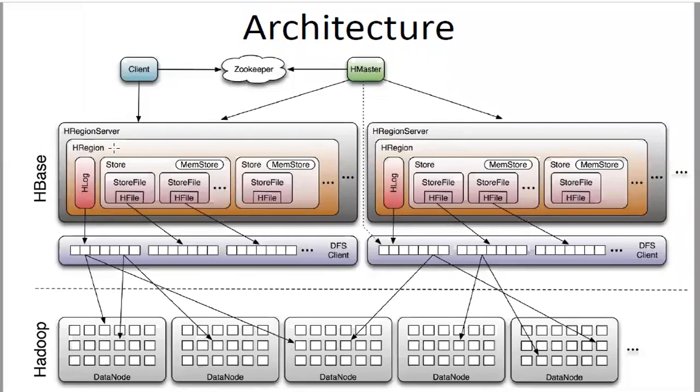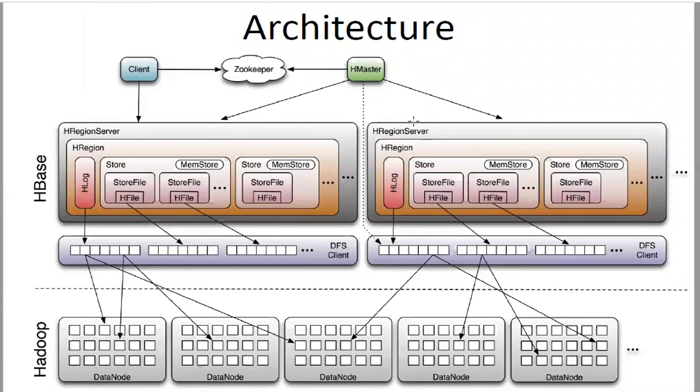You can divide HBase into H region servers and H regions, based on the region. A region is a kind of location, or you can refer to the region as your location, right? So in a particular location, HBase will be monitored by the master, that is where the H region is.